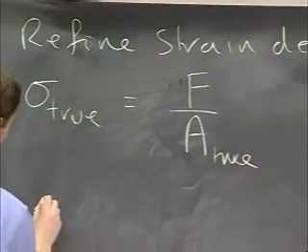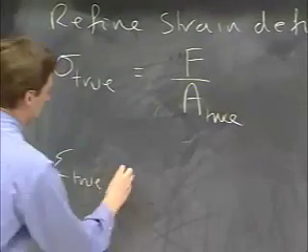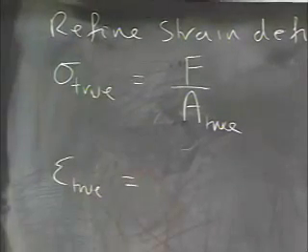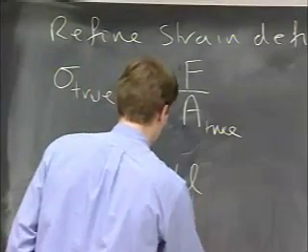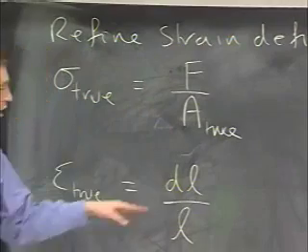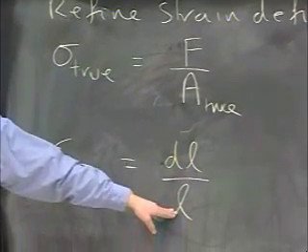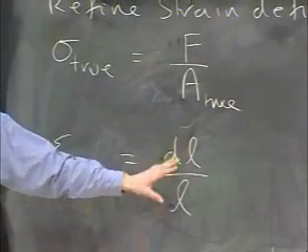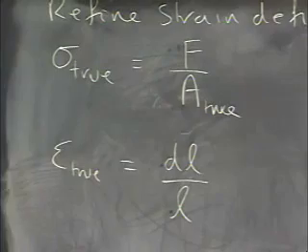And the true strain is defined as a differential quantity. It's the differential change in length with respect to the current length. The definitions are just the same as we had before.